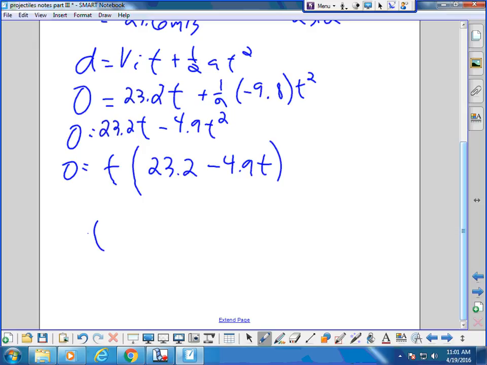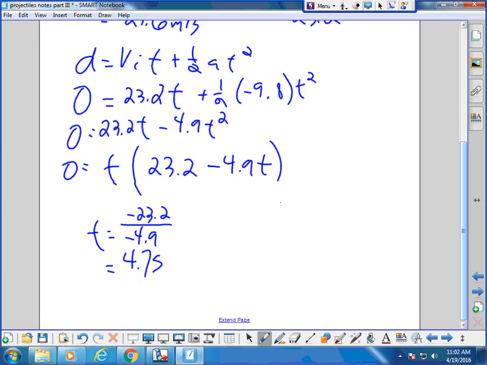So T is equal to minus 23.2 over minus 4.9, and that's going to give you somewhere around 4 seconds or something like that. You guys may not have done it this way. 23.2 divided by 4.9. 4.7. That's the total time of flight.